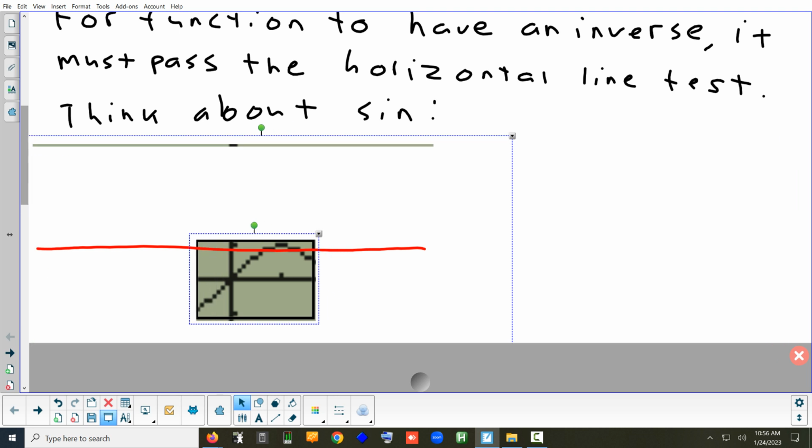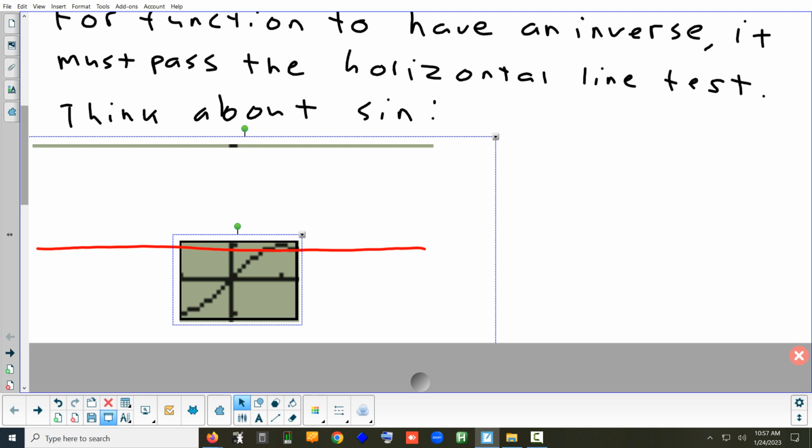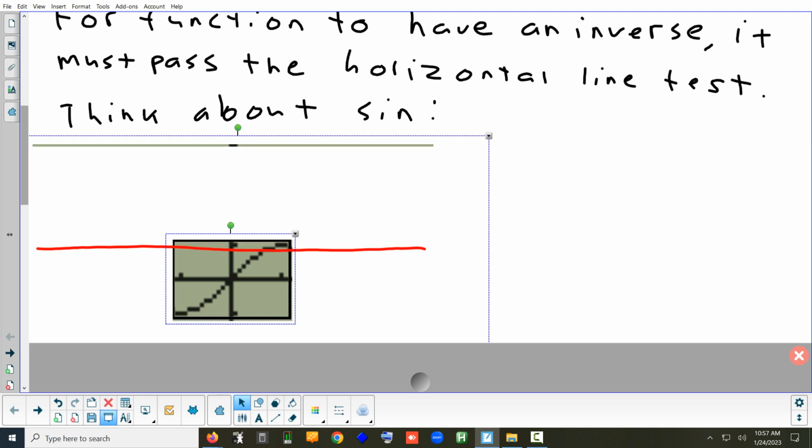Okay, that doesn't work. Let's try it about right there. It's not perfect, but hopefully you get the idea. If you look at that section between those 2 tick marks, then that section passes the horizontal line test, which now means we can talk about inverse sine.